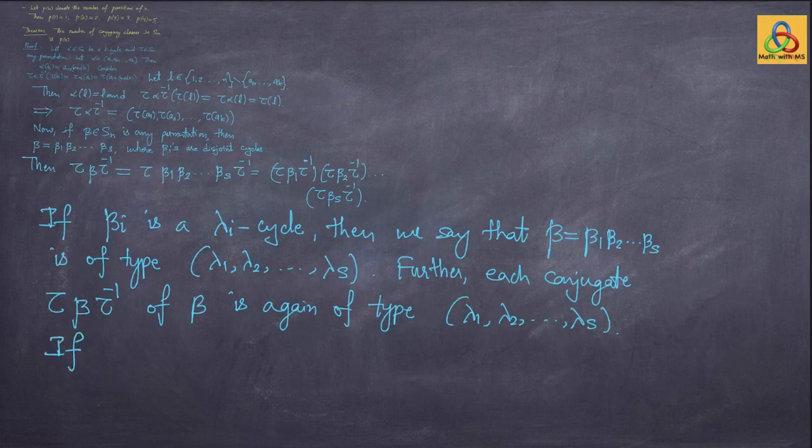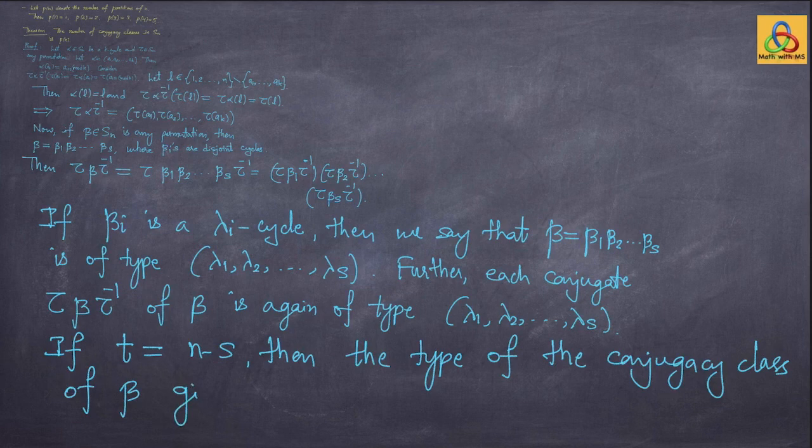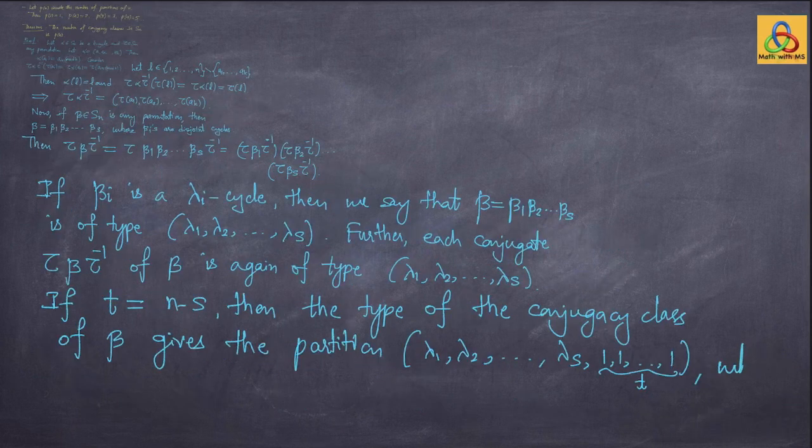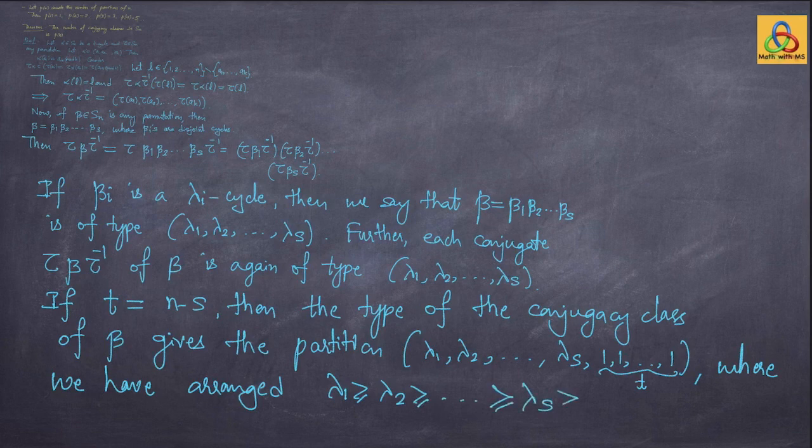So if t equals n minus s, then the type of the conjugacy class of beta gives the partition lambda 1, lambda 2, and so on lambda s, and then you can write 1, 1, and so on 1 precisely t times, where we have arranged lambda 1 bigger than or equal to lambda 2 bigger than or equal to so on bigger than or equal to lambda s bigger than or equal to 1.